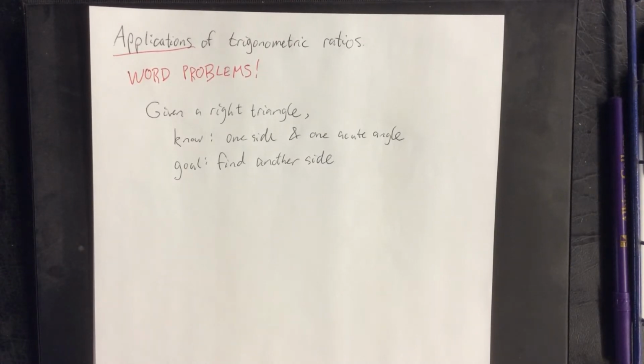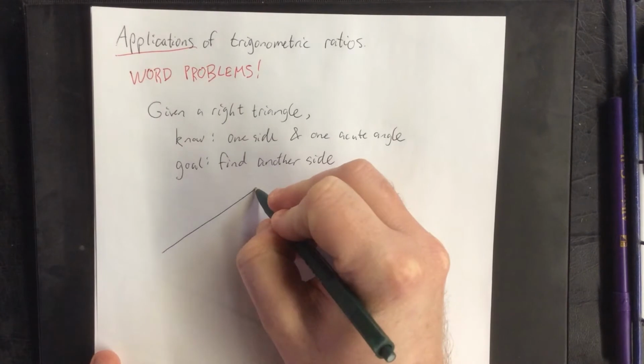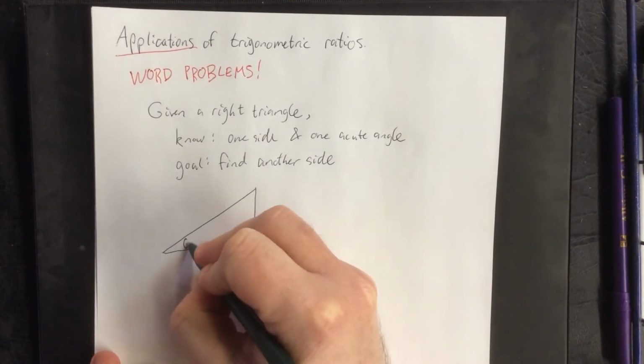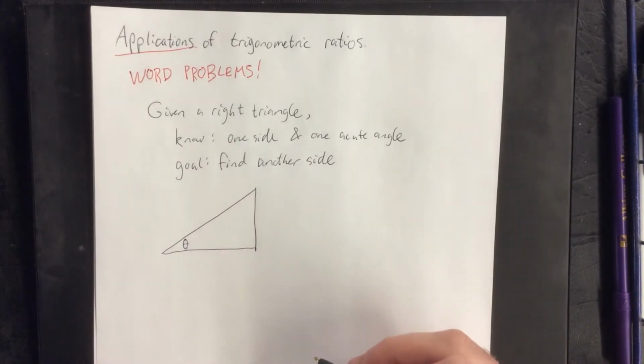Now, occasionally we'll have to do this process multiple times in a given problem because we could potentially see multiple right triangles in a situation. So, generally speaking, you're going to be able to model something with a right triangle, with a known angle, a known side, and an unknown side.